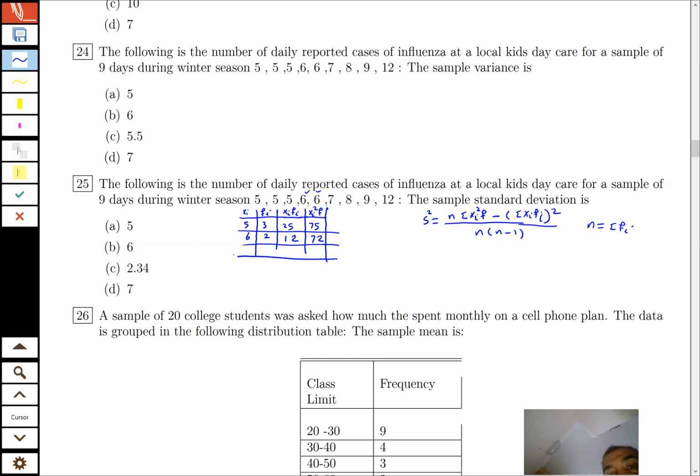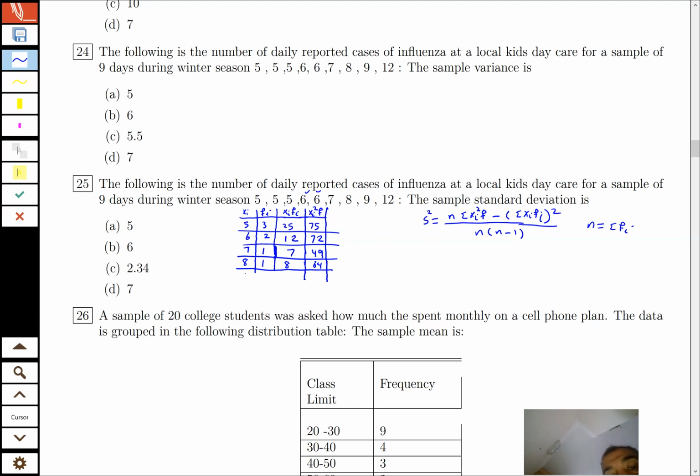And we have 7 appearing only 1 time, so 7 times 1 is 7, and 7 squared times 1 is 49. And we have 8 appearing only 1 time, so the frequency is 1, and 8 times 1 is 8, and 8 squared is 64 times 1, which is 64.